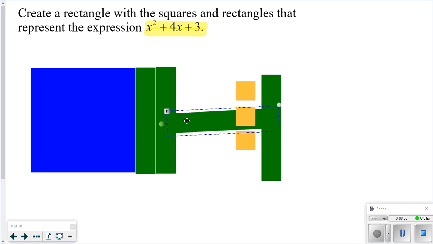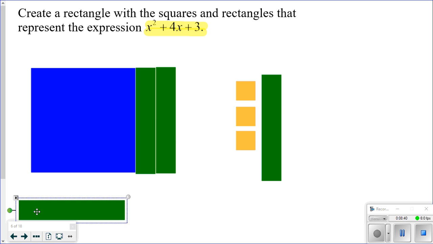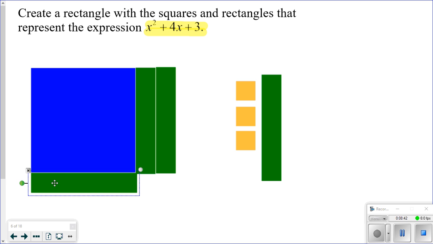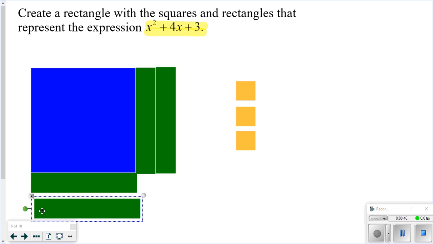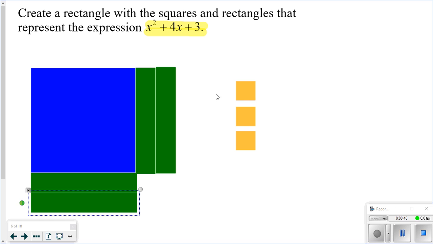So if I try to go like this, let's see what happens. So this doesn't work because I have an empty space right here. This does not form a rectangle or a square because this spot or space is not filled in, so it doesn't work.